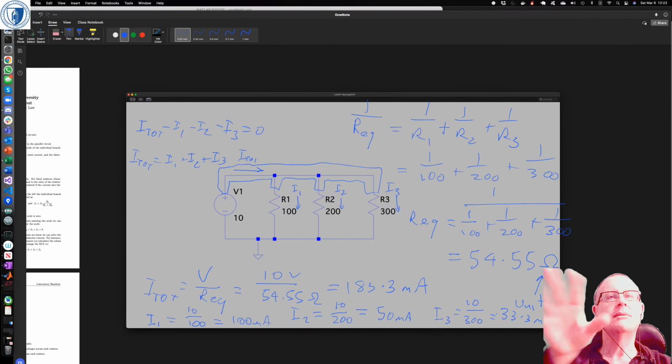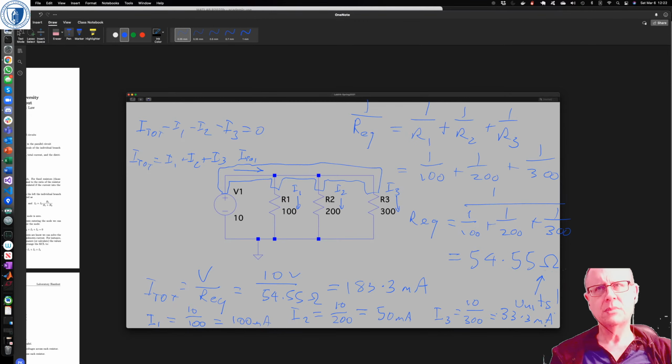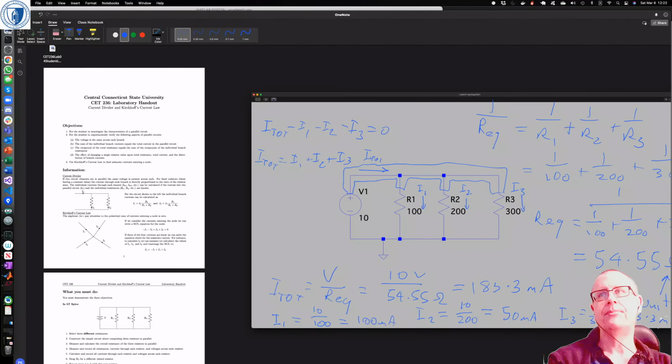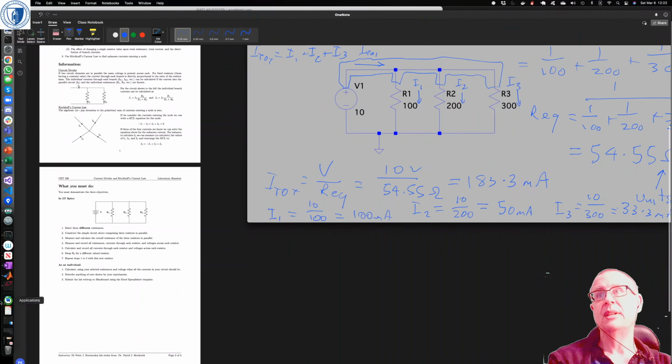So you do need to somehow indicate that either on a screenshot of the LTspice circuit, or you could draw the whole circuit elsewhere, or you could just draw it on top of the circuit over here in the PDF.